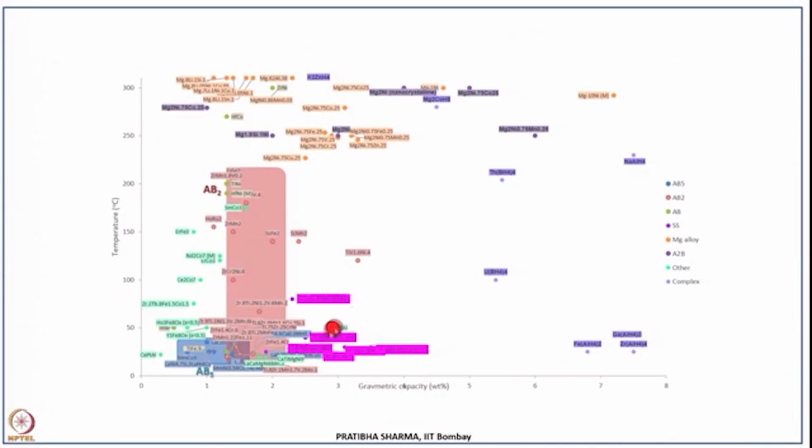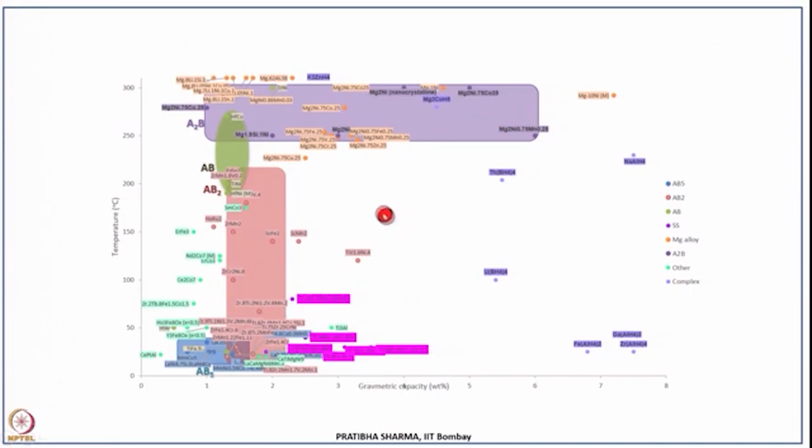AB2 type materials have a wide window of desorption temperatures and a relatively lower gravimetric capacity compared to the magnesium based or complex hydrides. AB type materials again have a certain desorption range of temperatures, but a lower gravimetric capacity, less than 2%.